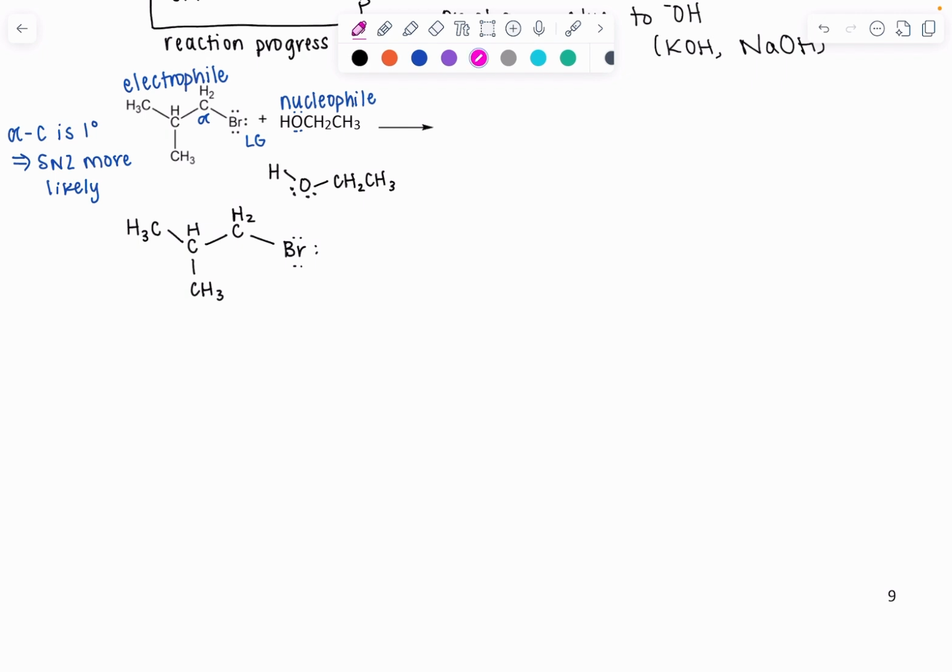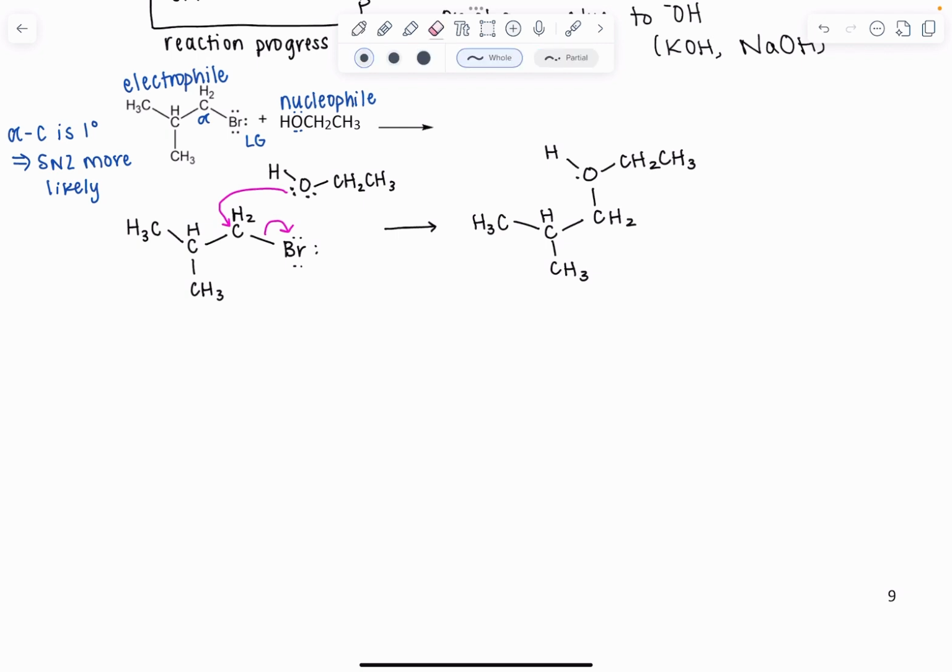An SN2 reaction happens in one step, so the nucleophile bonds to the carbon and the leaving group leaves. Oxygen still has one pair of electrons, and it now has a positive charge. And then we have Br minus.